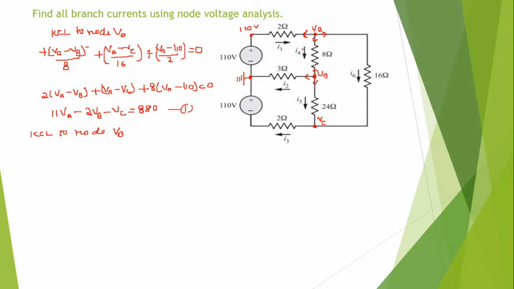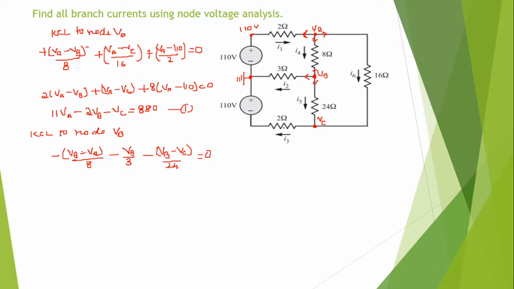So, the current expression is minus (VB minus VA) by 8 minus VB by 3 minus (VB minus VC) by 24 equal to 0.